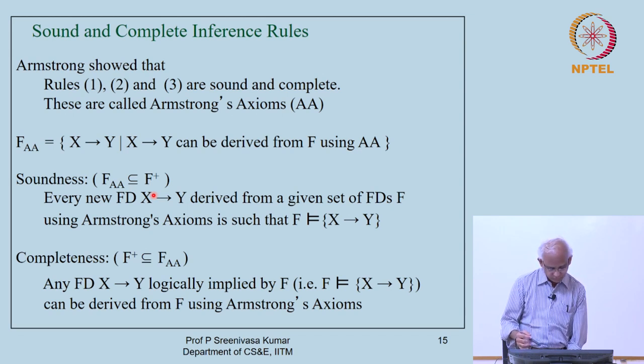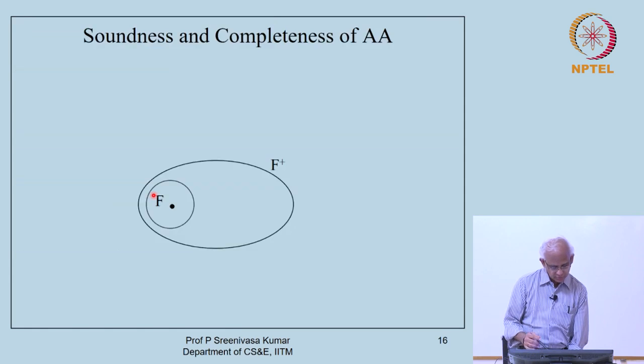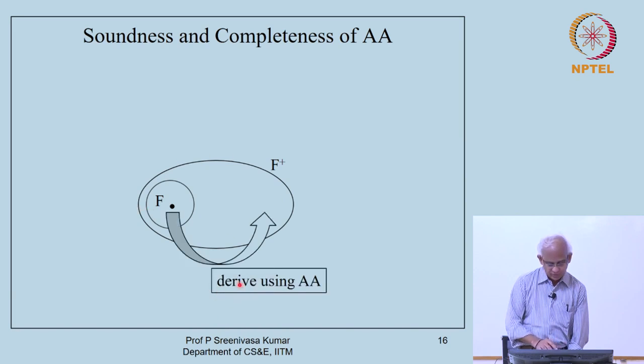Now, there is a nice picture that I have here to illustrate this. This is F and this is F plus, and this is what is derived using Armstrong's axioms. What soundness claims is that whatever you derive using Armstrong's axioms falls within F plus, it does not go outside.